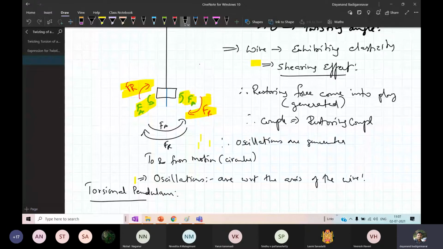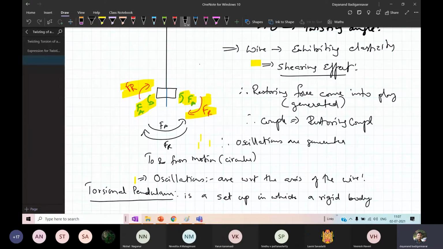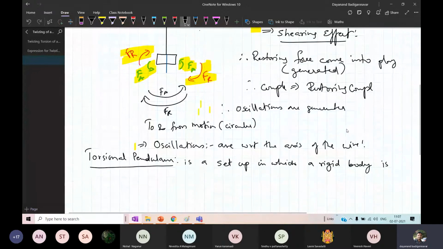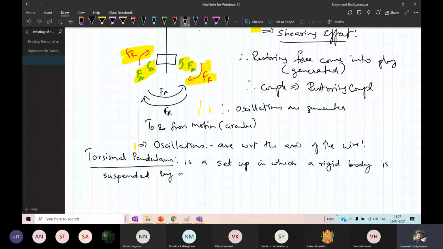How do you do it? So a torsional pendulum is a setup. It is an arrangement, okay, in which a rigid body is suspended by a wire.